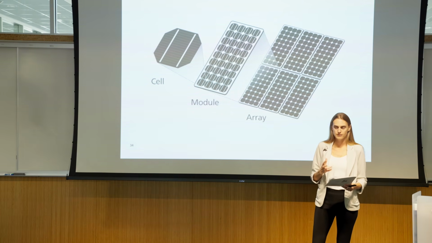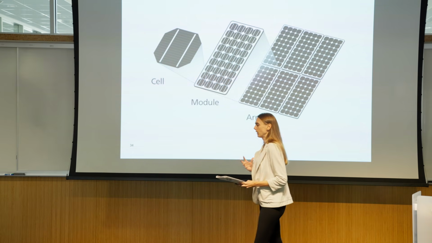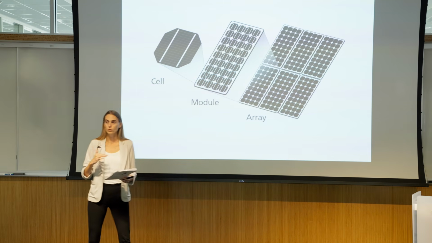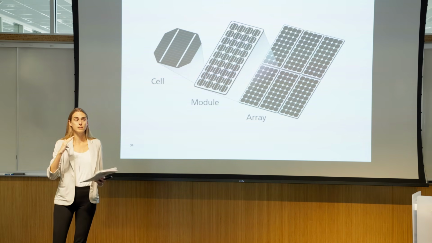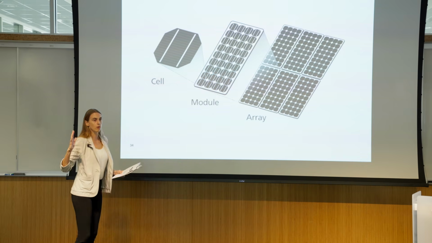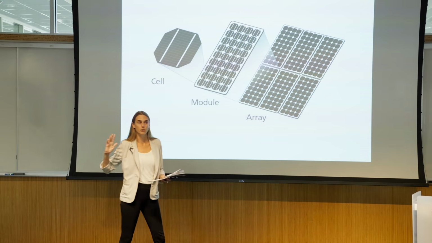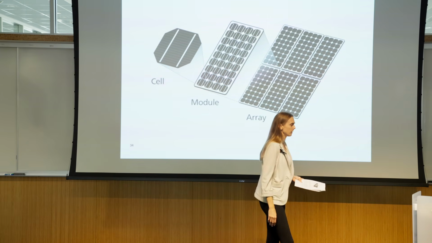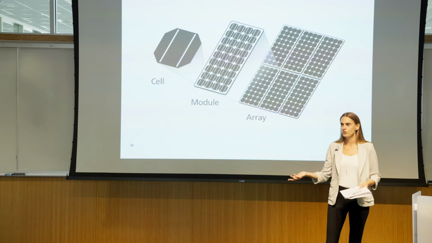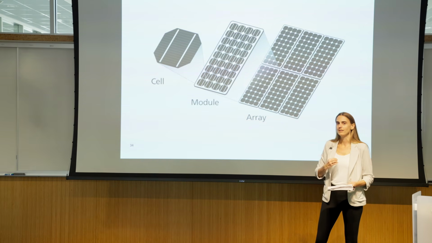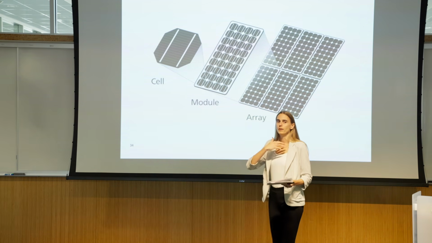So that means that if you have a portion of your module or array that's wired in series that's shaded or that's dirty, it's going to reduce the power output in that entire array, if it's wired in series. We like to use the water analogies here in this class. If you get a clog in your pipe, it's going to reduce the water flow through the rest of your pipe.